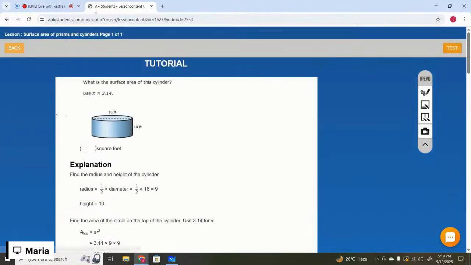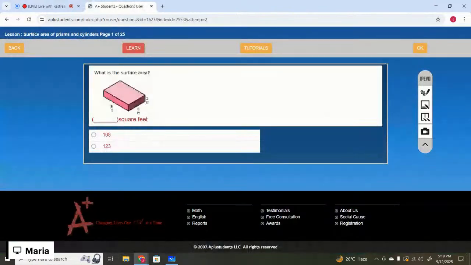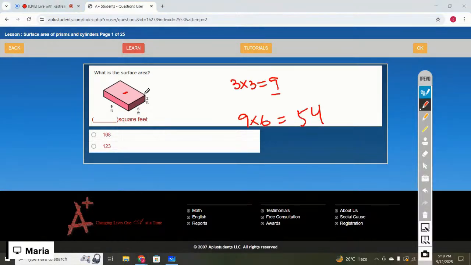Let's just start with the test questions. What is the surface area? You need to calculate the area of each face and then you need to add them, starting from the top. So the areas of top and bottom are the same. That is, sorry, 9 times 6.